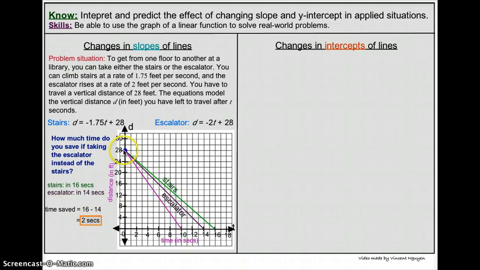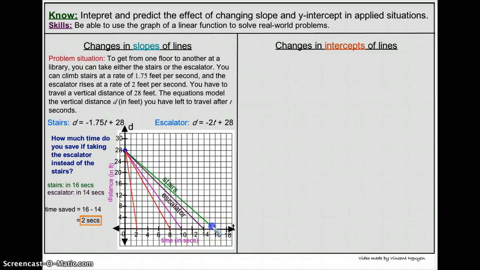Now I wonder, what if someone decides to change the speed of this escalator to make it go faster? We have a new line that represents the new speed. How would we compare the time that we save? It's quite easy if you look at the x-intercept.